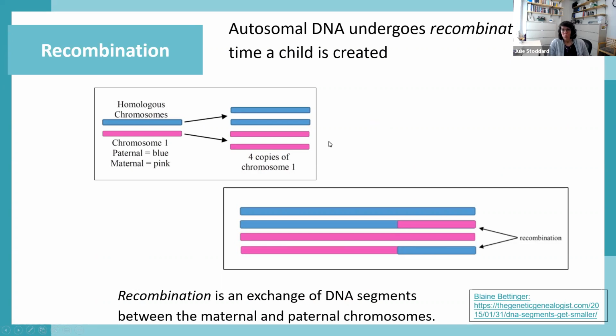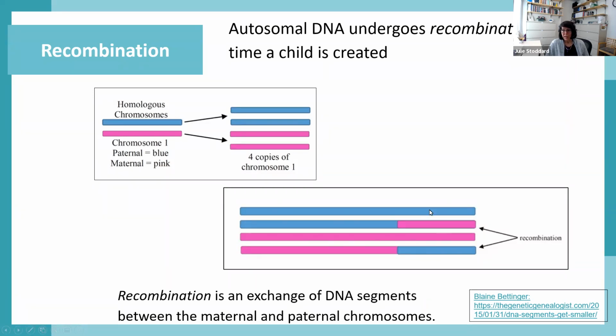So when you have those 2 chromosomes, every time a child is created, the autosomal DNA splits and then it recombines. To help you understand that, we have the blue from the father and the pink from the mother, and it splits. So we have 2 blues and 2 pinks. So we have 4 copies of chromosome 1 now.